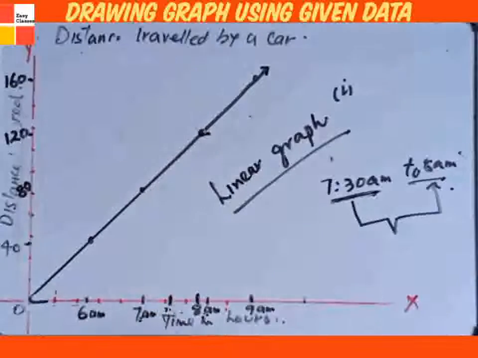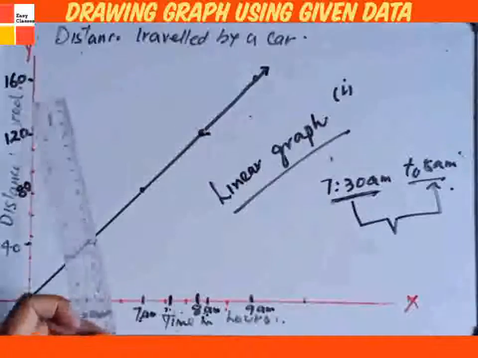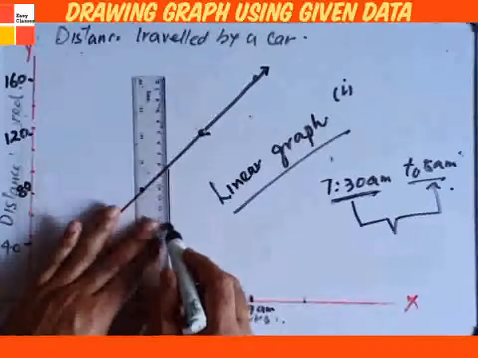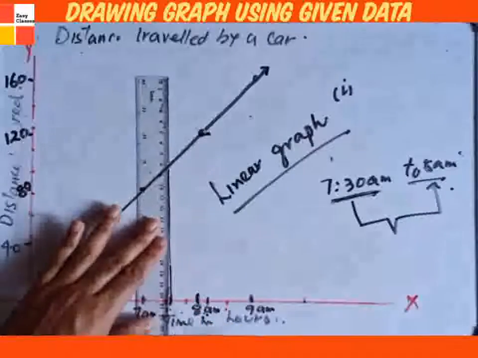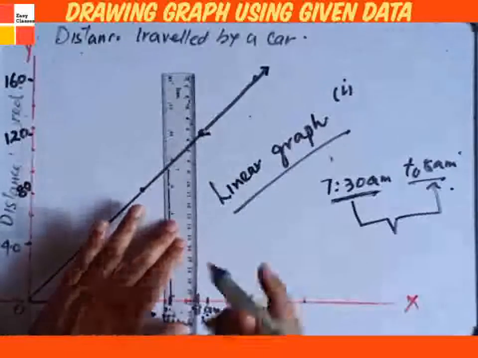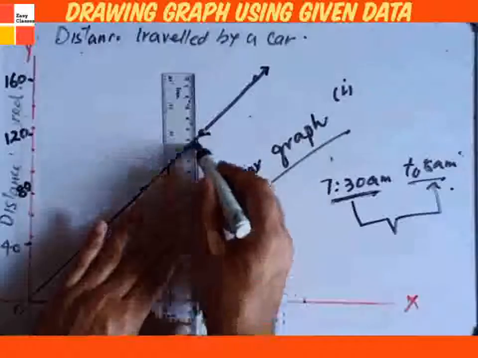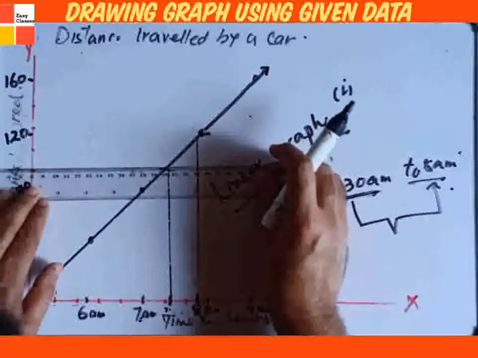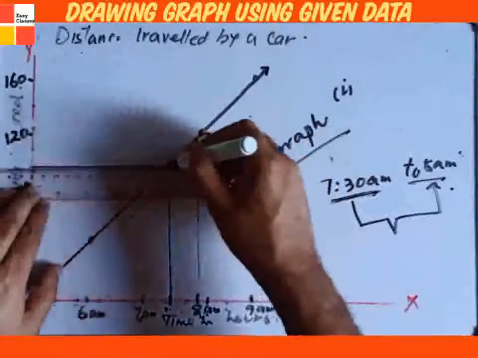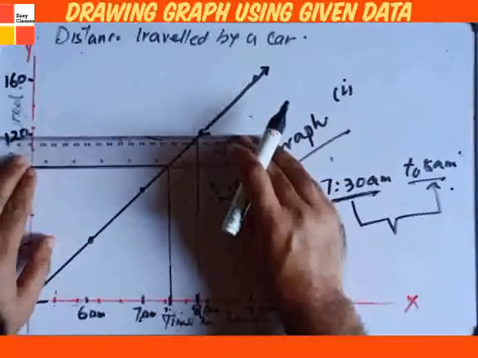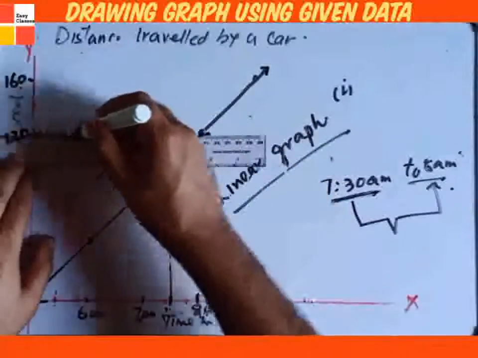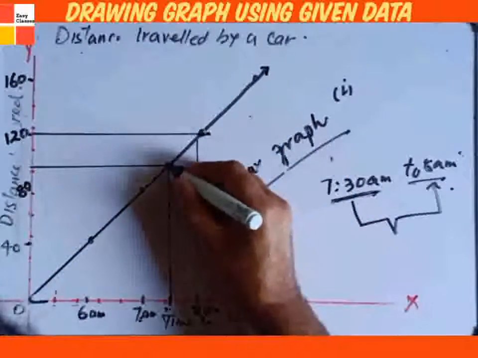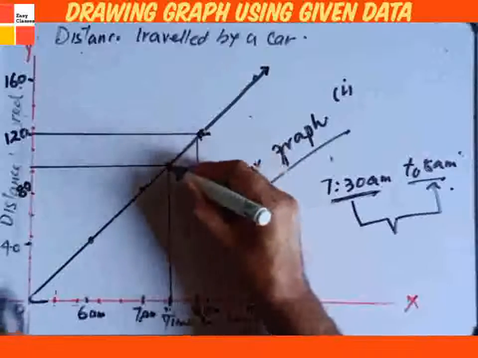So we will try drawing the lines. We join these points to the y-axis. That means the distance covered by the car is this much between this time period.